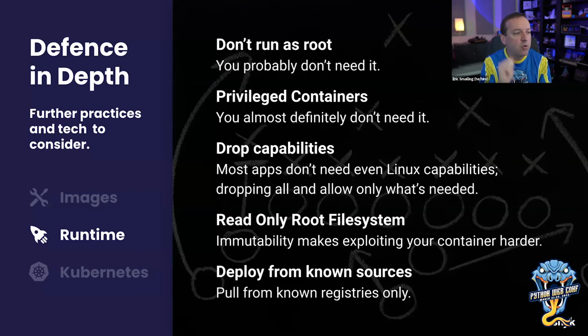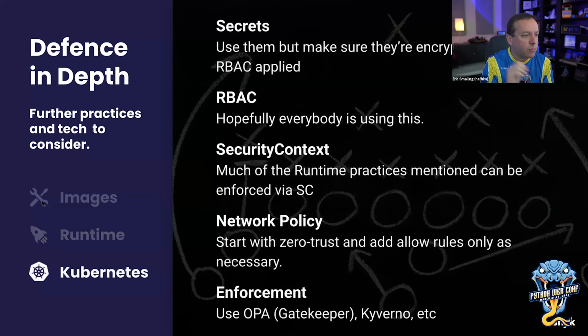Finally, if you are on Kubernetes, if you have credentials, use secrets. Use Kubernetes secrets. If you're not already using something like HashiCorp Vault or some other kind of secret management system, Kubernetes secrets are great. If you're using them, make sure you're protecting them with role-based access control, and make sure that your cluster operators are encrypting your secrets at rest, because by default they're not if they're rolling their own Kubernetes clusters.